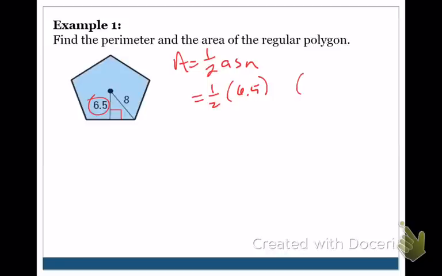The number of sides, well, this is a pentagon, so 5 sides. How do we go find this side length? Well, with the radius and the apothem, we get a right triangle, so we could do Pythagorean theorem to find this guy, which would be 6.5 squared plus x squared equals 8 squared.